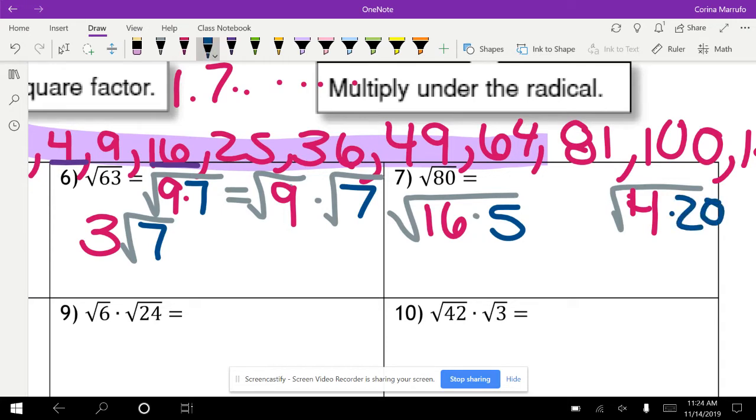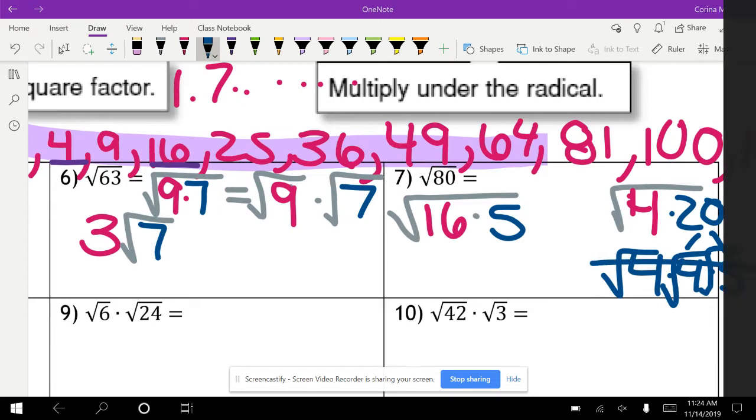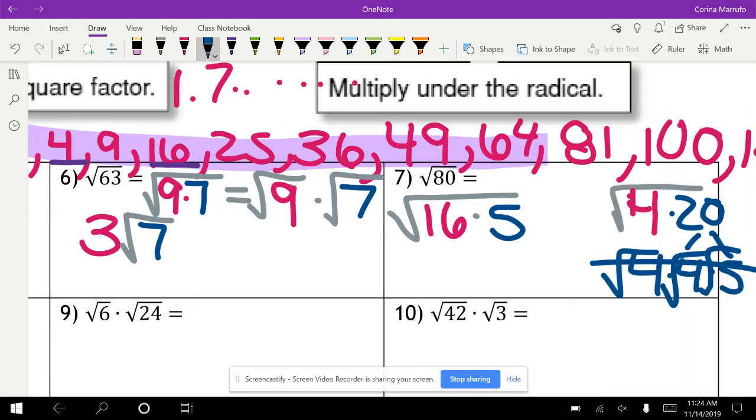But 20 has to be broken down again one more time. So 4 times 5 gives you 20, which ends up putting you with 3 square roots, which is a little bit more work. Is it impossible? No, but it is a little bit more work. So that's why I don't want you guys to have to do more work. You can just pick the bigger number, which is 16.